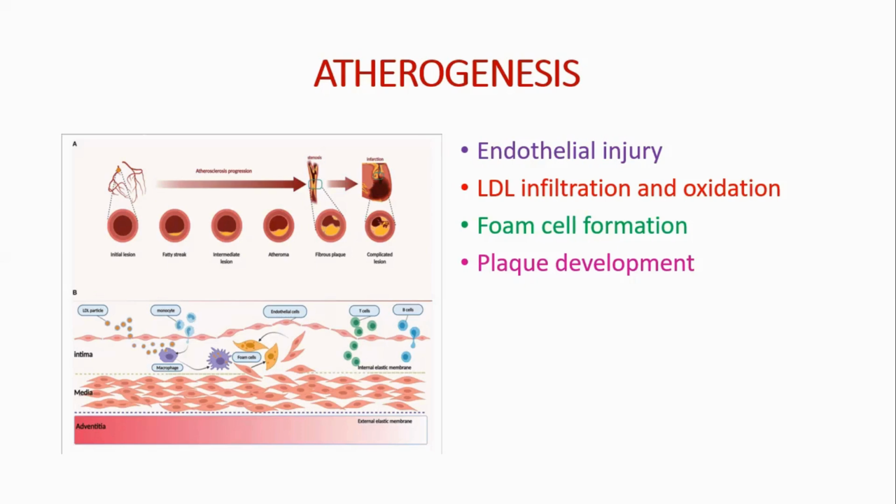Immune cells, particularly macrophages, take up the oxidized LDL and transform into foam cells, which accumulate in the intimal layer. Over time, the accumulation of foam cells and smooth muscle cells leads to plaque development and narrowing of the artery. Because immune cells are actively involved in this process, atherosclerosis is now considered a chronic inflammatory disease and not just a lipid disorder.